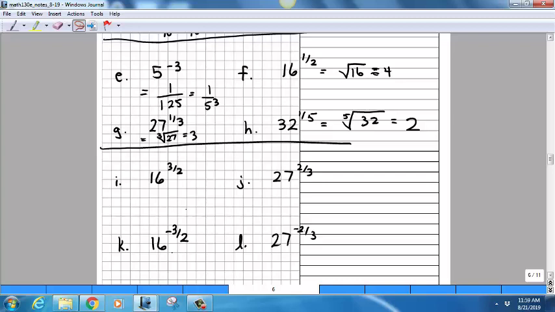So let's take just a few minutes. It won't take too long. Let's start with the first two, because the second two are a little bit harder, because they have negatives in them. So let's take the first two first, and then we'll worry about the negatives later. So just I and J there to start with.